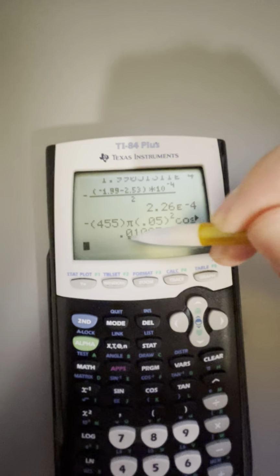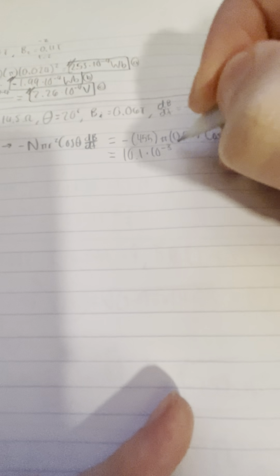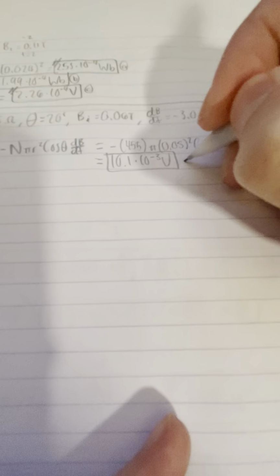I'll round that off to 1, 2, 3. Yep, so I could do 10.1. 10.1 times 10 to the negative third volts. And that is for part D.